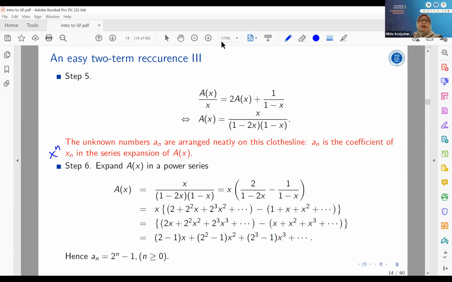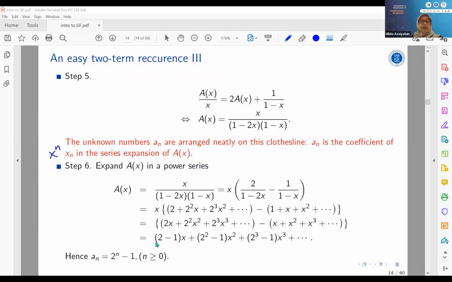Yes, rational fraction. So this is again our old friend, the geometric series. We know from here that the expansion is this, and this is also a geometric series.